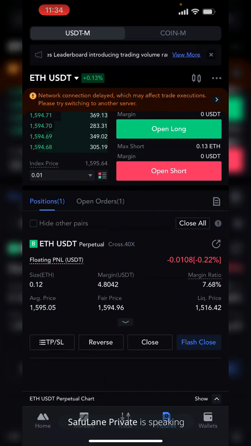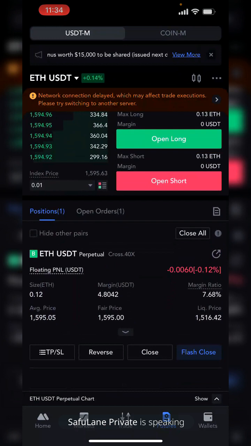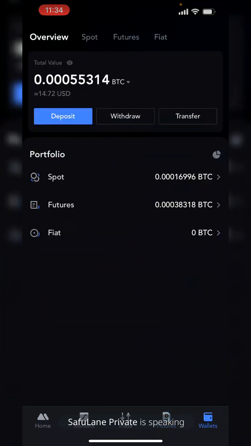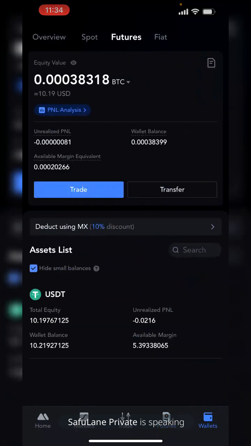used a cross margin. I used $4.8 as the normal amount, but I'm supposed to get liquidated as soon as the money I borrowed, at least 4.8, is down by some percentage, but it won't liquidate me. Why? Because it is going to go into my fund, this particular future trade fund that I have.